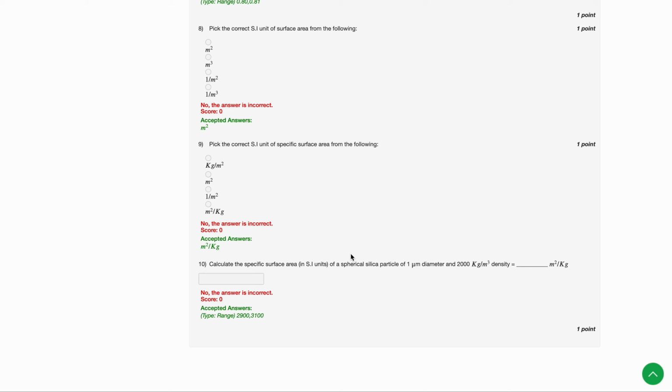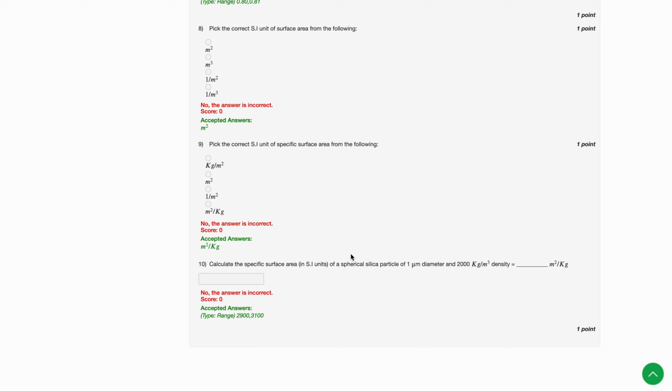So the diameter d is equal to 1 micrometer, which is 10 raised to minus 6 meter, and density is equal to 2000 kg per meter cube.